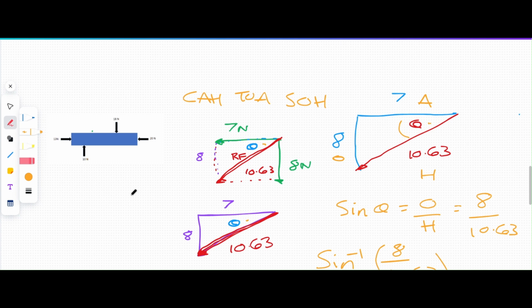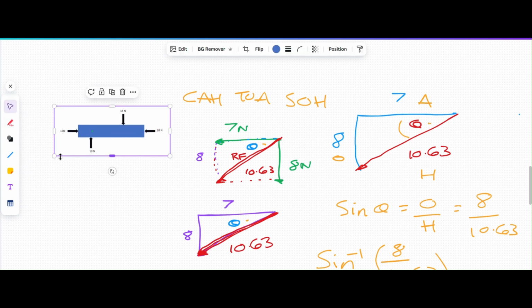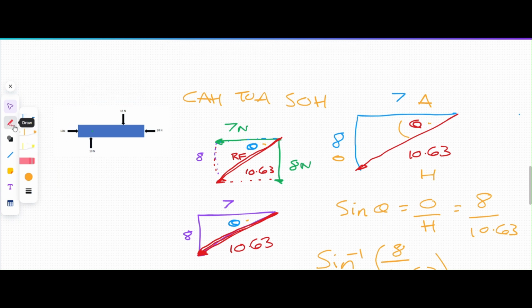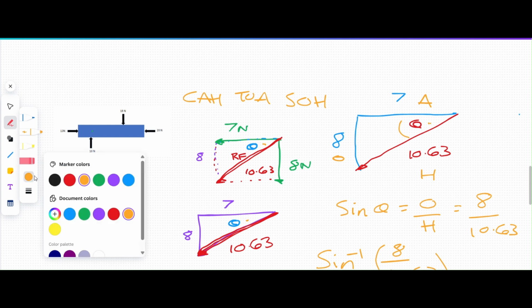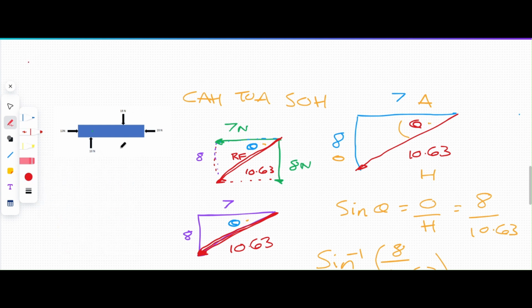So I'll draw my line of action, because that's what we're trying to do, really, find the line of action. The line of action just means which way this thing is going to go. So this one, it's coming down something like this. The resultant force is 10.63 newtons.